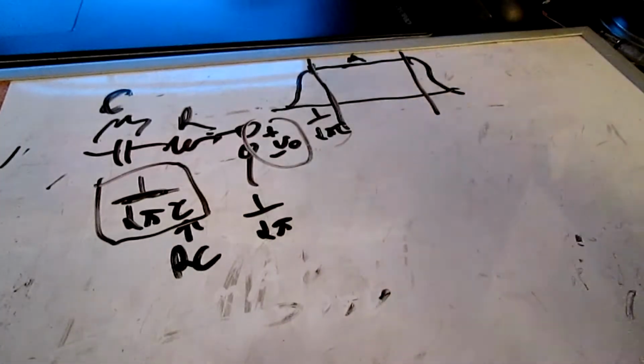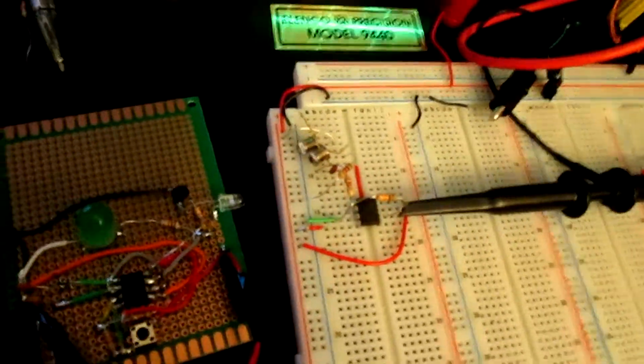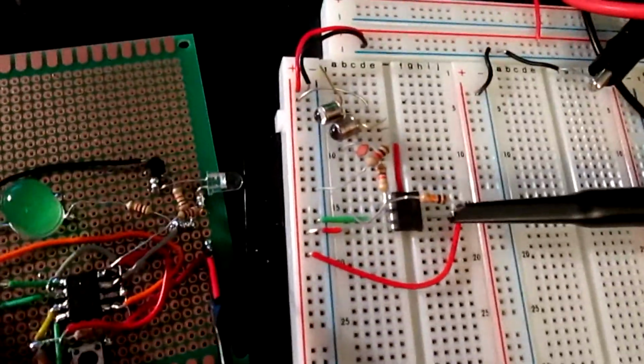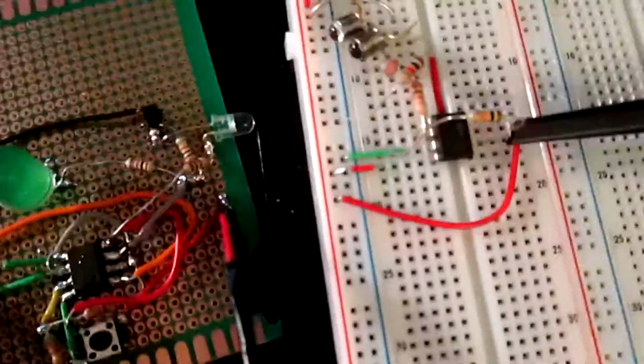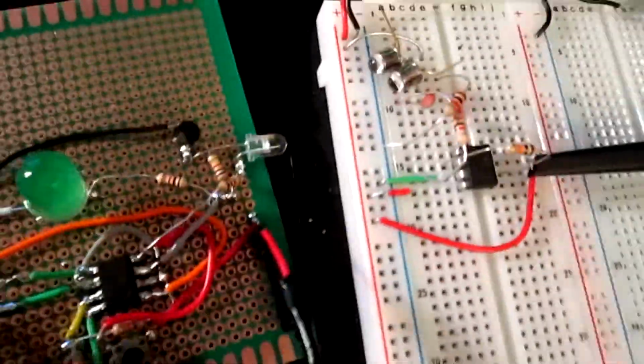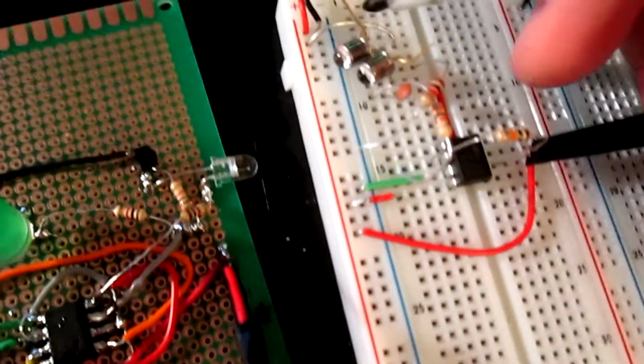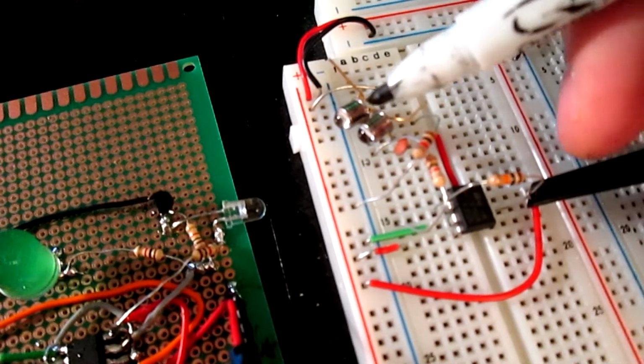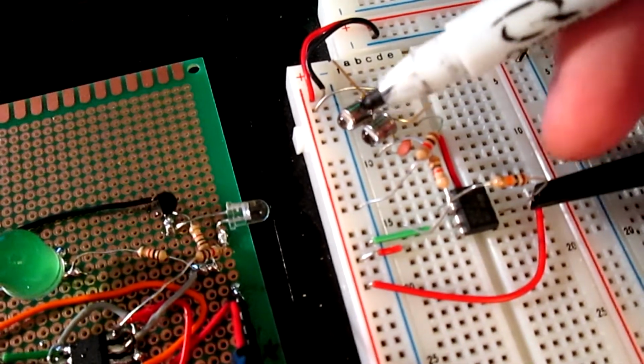So what I'm doing in this circuit here, sorry for the lighting, see, I added another photo transistor in parallel. That's in order to make it so you have more range.